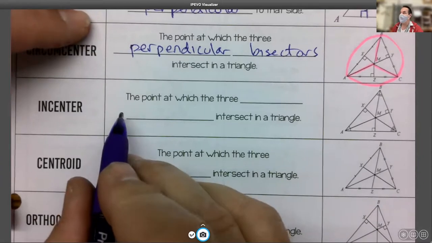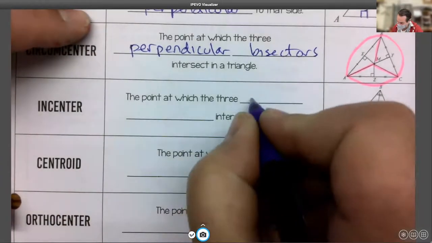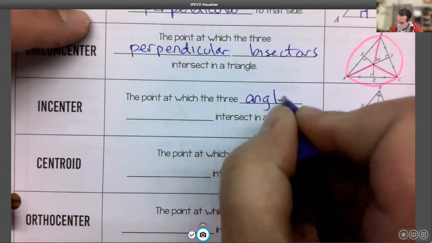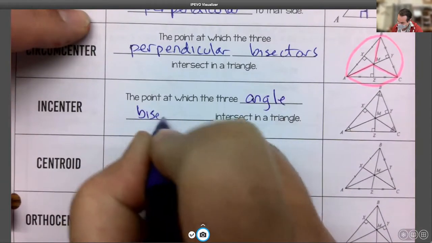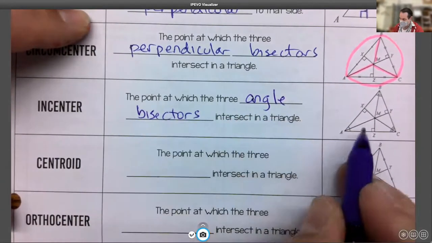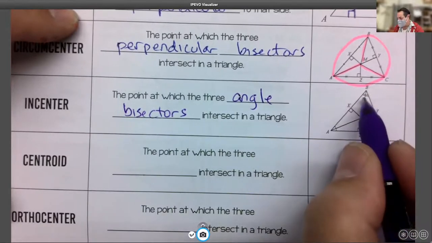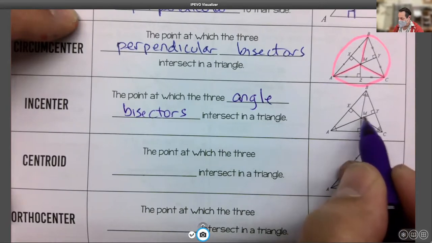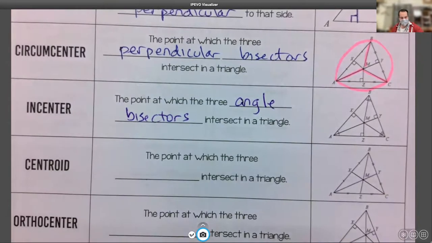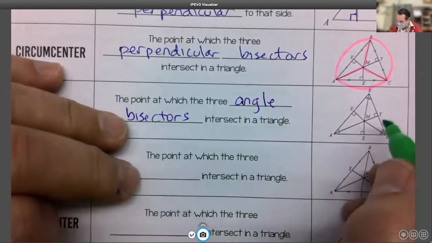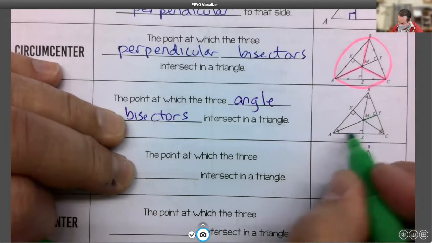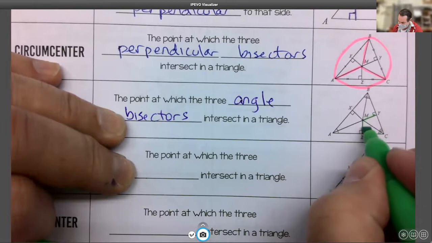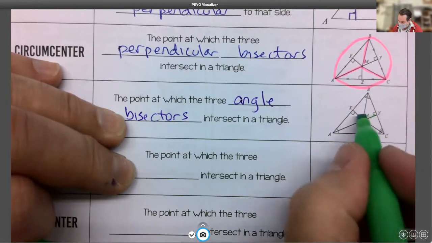There's also something called an incenter, the point at which three angle bisectors intersect in a triangle. So again, you can see here that these are angle bisectors. They meet there. That doesn't mean that MY, for example, is part of that, because as you can see, this bends.